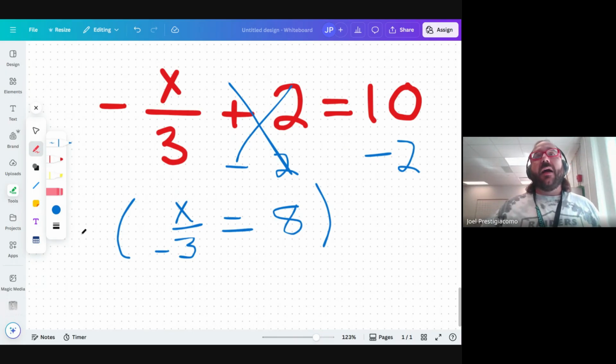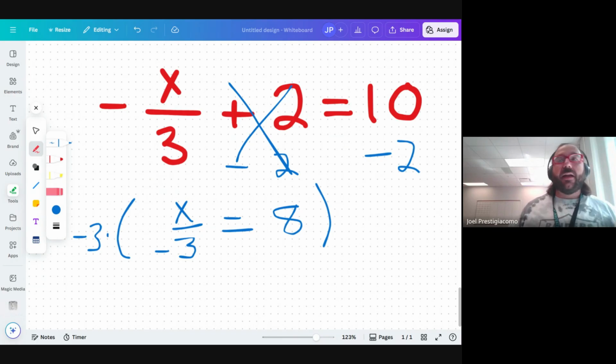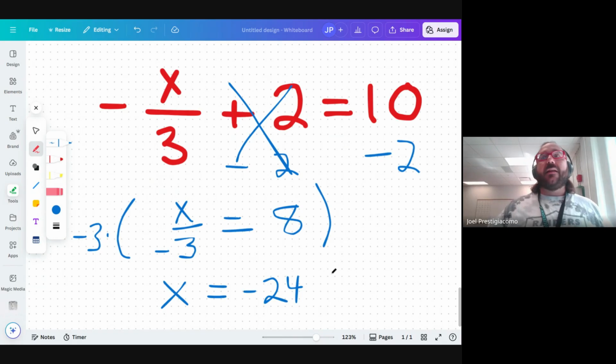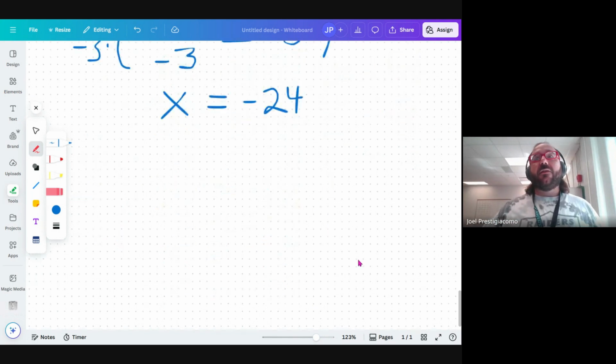I'm going to give it to the denominator just because you can see, like from the previous example, if we divide by negative 3, we could undo it by multiplying by negative 3. And so we should end up here with x equals, again, 3 times 8 is 24. But since it's negative, we get negative 24. Okay? So again, just like the other one, we do one step at a time, and that should lead us to our answer.